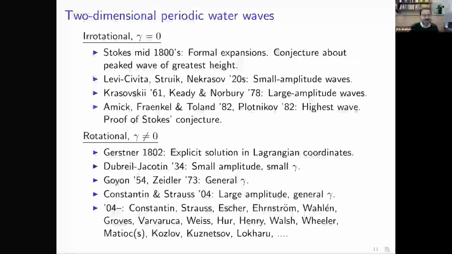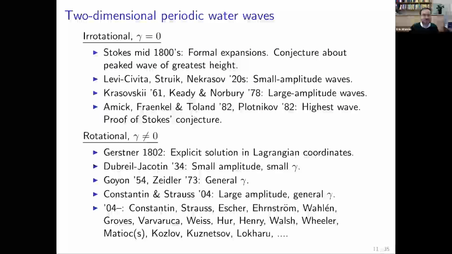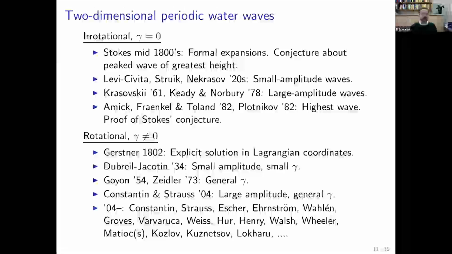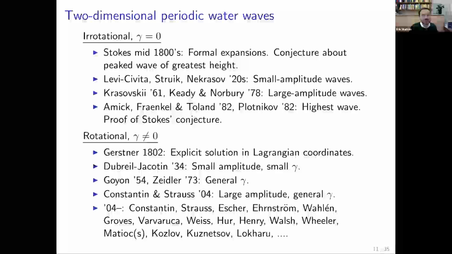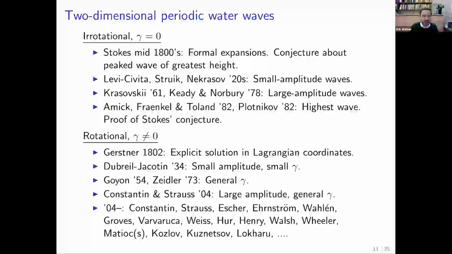Okay, so this slide is just to say that there has been a lot of work on the 2-dimensional case. I'm not going to go through all of these examples, but we all know that there's been a lot of work on the irrotational case going back to Stokes. And the rotational case is both older and newer, in the sense that there was an explicit solution by Gerstner before Stokes' work, in Lagrangian coordinates.